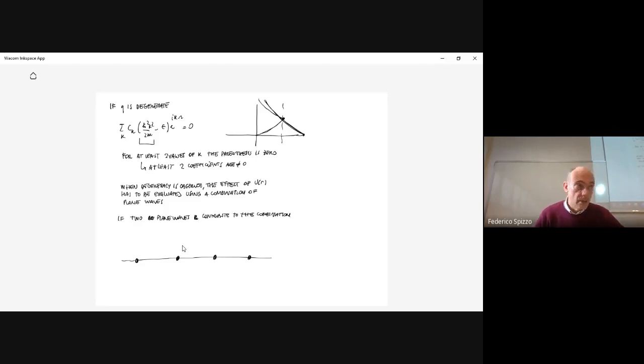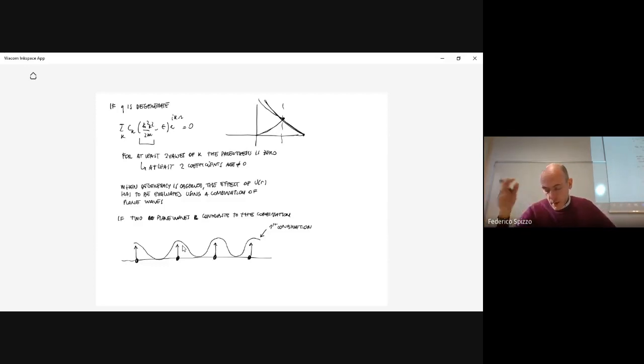one combination corresponds to a solution, a combination of plane waves, that has a maximum amplitude over the ions.